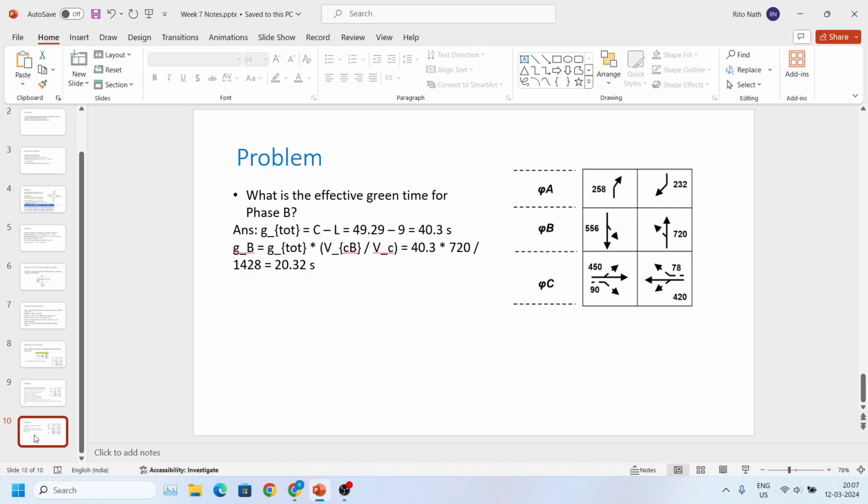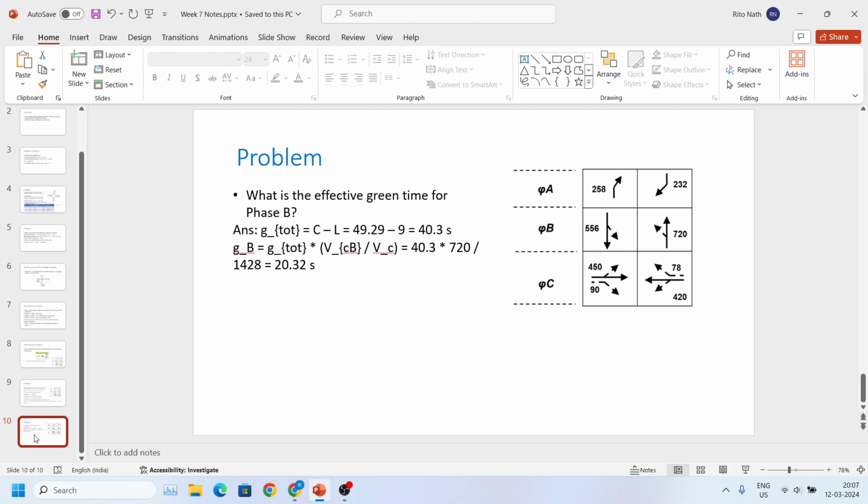So you may have a target V by C ratio, and then you can come up with some calculations. Okay, so let's not get into the details of it. Then you may be asked about the minimum cycle length for this target V by C ratio that I have already talked about.